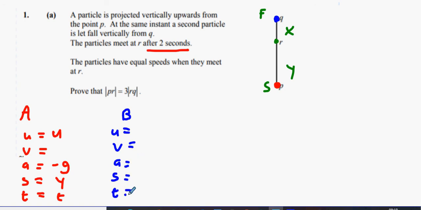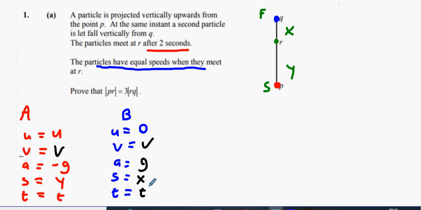U is 0. V we don't know. Oh, but we do know something. The S values equal each other. So in that case we have a common V. What happens when you drop it? Is it a plus G or a minus G? Plus G. Our S value, for argument's sake, just call it X. And our T value is T.